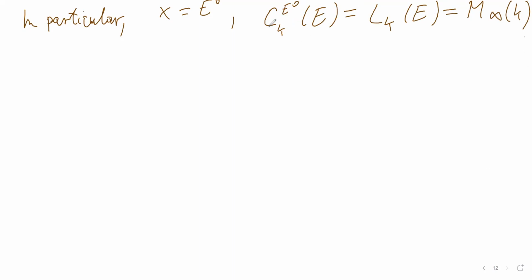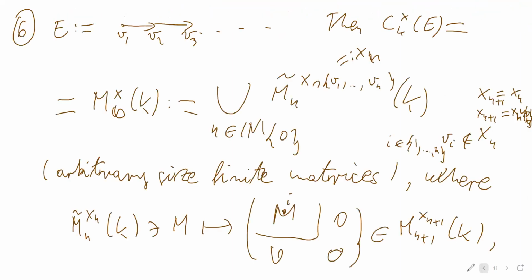And again, when I take my x to be everything, then if you look at this definition, all these xn's are also everything. So basically, I'm saying that Vi is not in xn, I'm saying that simply there is no Vi. So I modify it nowhere. So I'm just getting regular n by n matrices over my field K, and I put them in the standard way one into another.